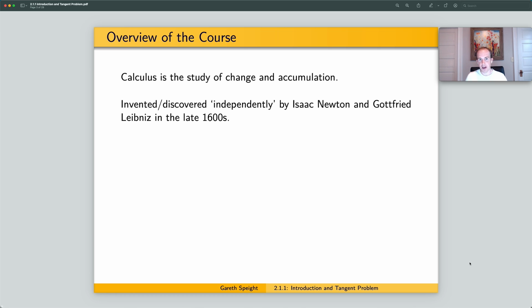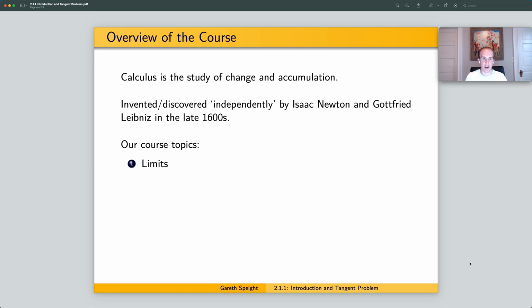So if you know anything about academia, you know publishing and papers are very important and people get very excited about it. So you can see that there was some contention there. And this is a reason that we're going to have different notation in calculus that mean the same thing, because one of them came from Newton and one of them came from Leibniz. Anyway, that's all I'm going to say right now, but if you're interested in that, do have a look on Wikipedia for more about that argument.